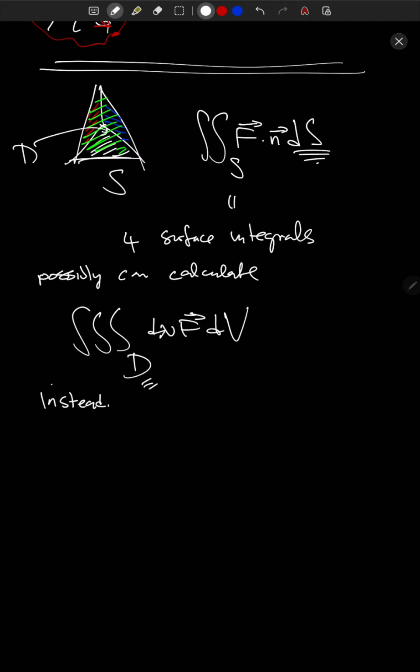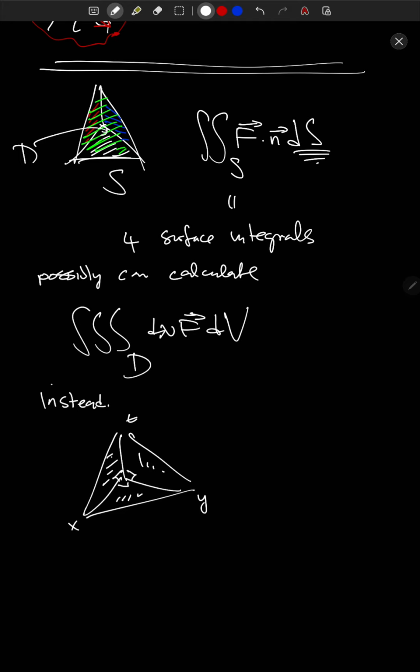And depending on the structure of this tetrahedron, it could very well be that you have fewer integrals to do. It might even be just one integral if this tetrahedron were a right tetrahedron, where the three panels in the back are made up of the xz plane, the yz plane, and the xy plane.